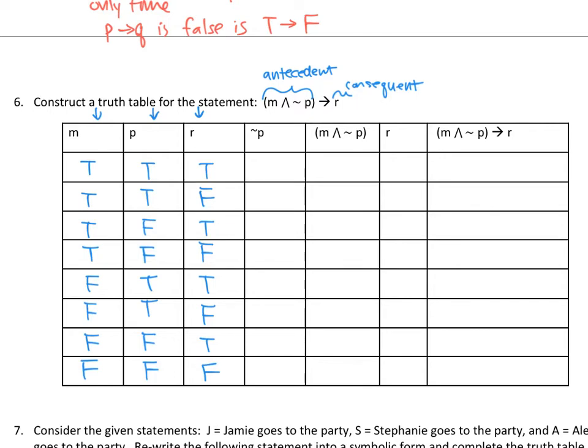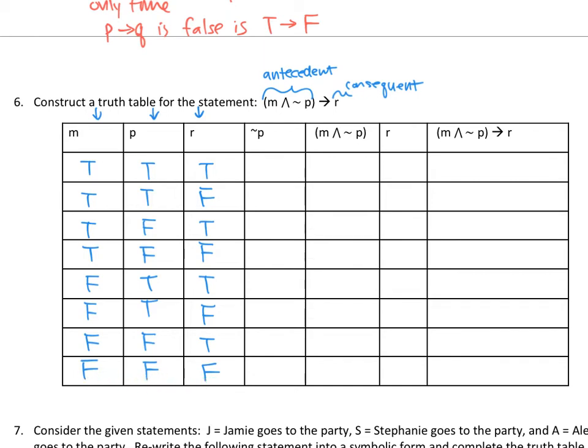So the first one is all T's and then all F's, and then 2 T's and then 2 F's, and then TF, TF. So it alternates. This is so that we can cover every single possible combination of M, P, R. So the first row is where the first statement is true, the second is true, the third is true, and so on and so forth to the case where all the statements are false.